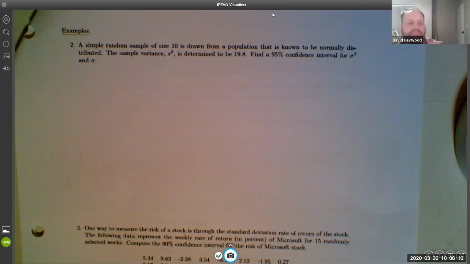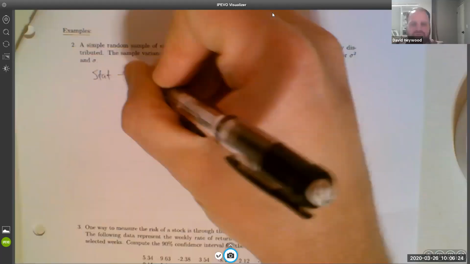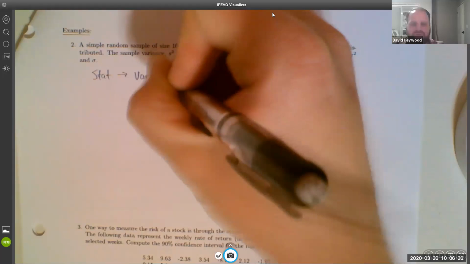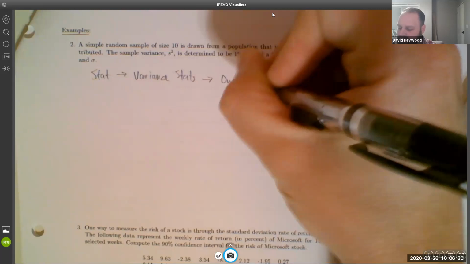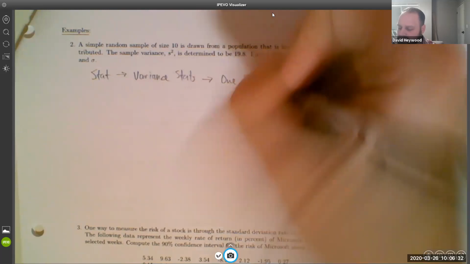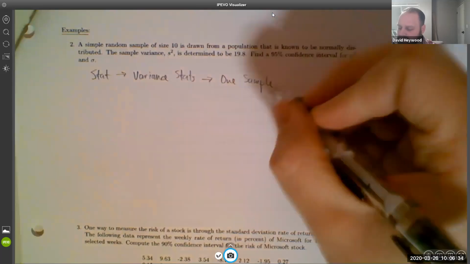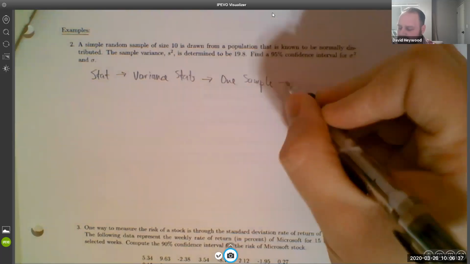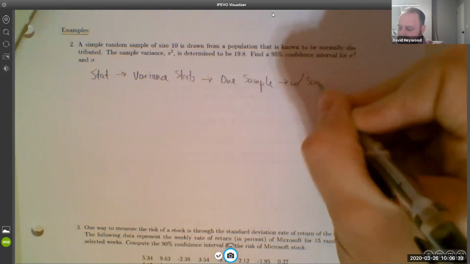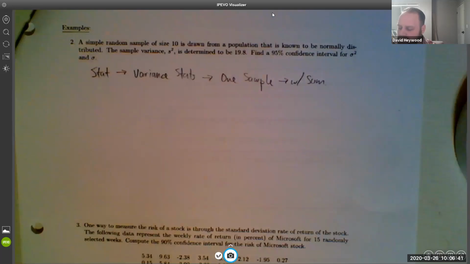So let's construct this interval. In StatCrunch, we're going to go to Stat, Variance Stats, one sample. In this case, we don't have raw data, we have a summary, so we're going to say with summary. Once we do all of that, StatCrunch is going to prompt us for the sample size.